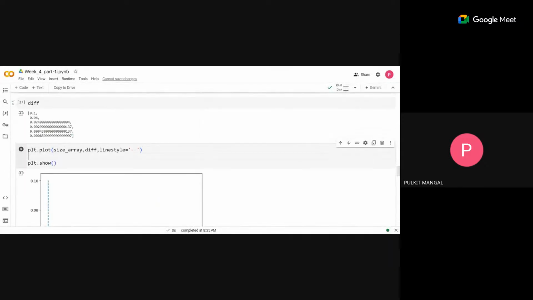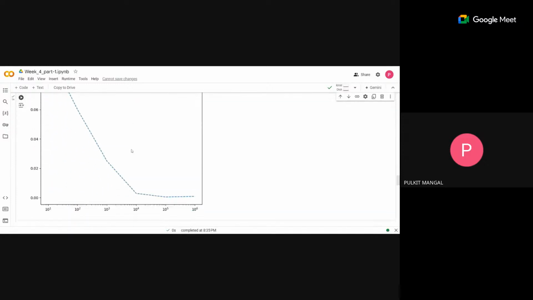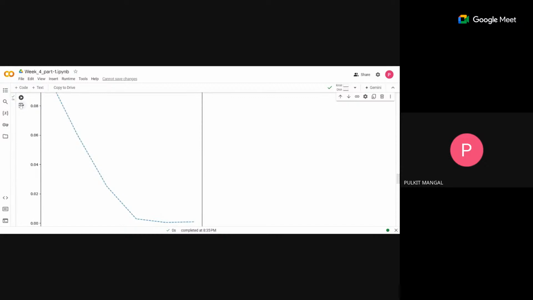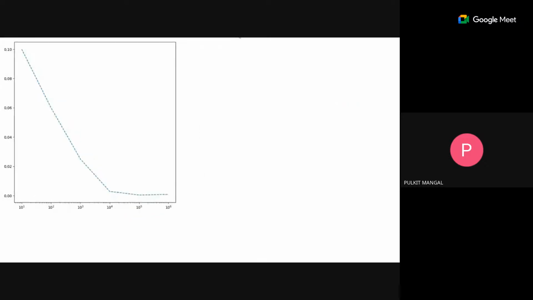The way to change your x-axis scale is using plt.xscale, and we will use the logarithmic scale. With that, if you run it, you will get this kind of graph. Now you can easily identify this.